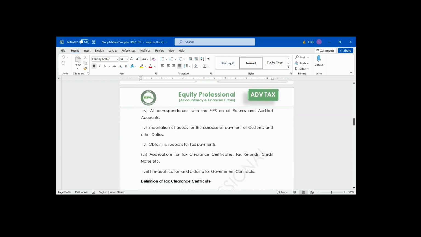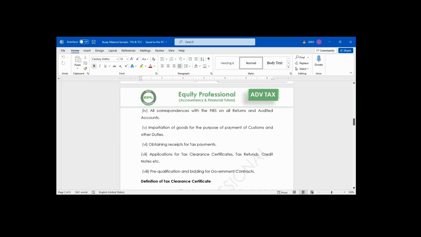Another one, application for tax clearance certificate. You need a tax clearance certificate, they'll ask for your tax identification number. Another one, bidding for government contracts or pre-qualification. You want to bid for a government contract or pre-qualification, they'll ask for your what?